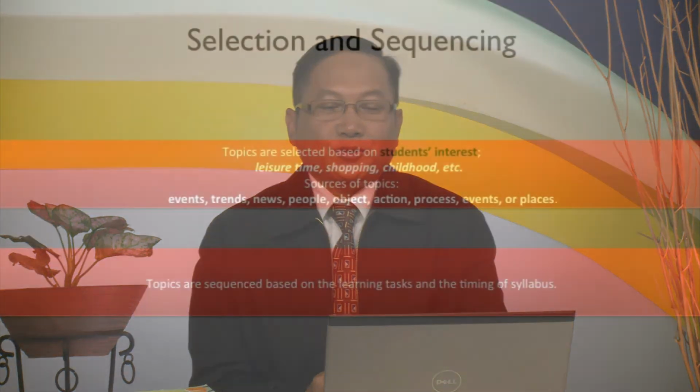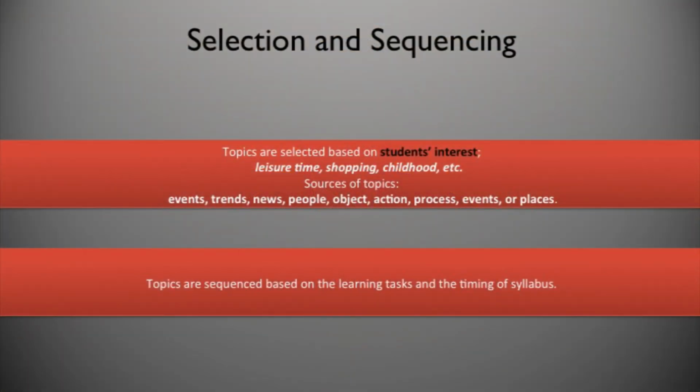In selecting and sequencing the materials to be included in the syllabus, topics are selected based on students' interests. So, students' interest is the main consideration when we are selecting the topics. Topics like leisure time, shopping, and childhood will be more interesting for students to discuss.